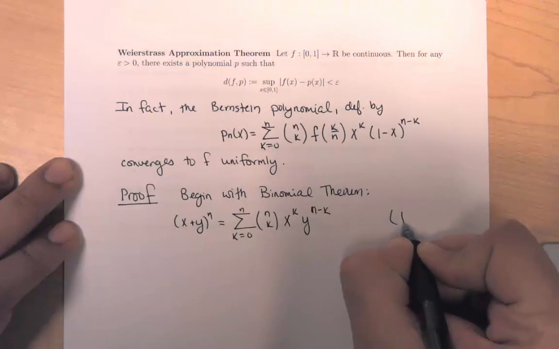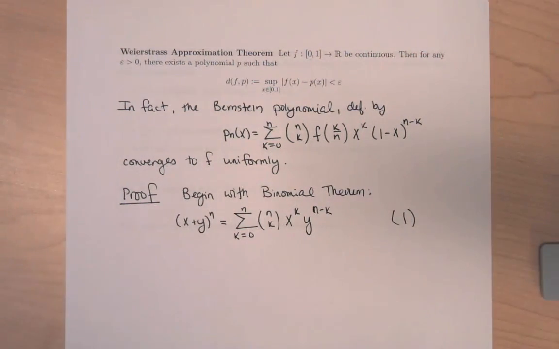We'll call this, for now, equation 1. All right, we're going to use the binomial theorem as building blocks of this Bernstein polynomial to eventually prove uniform convergence.